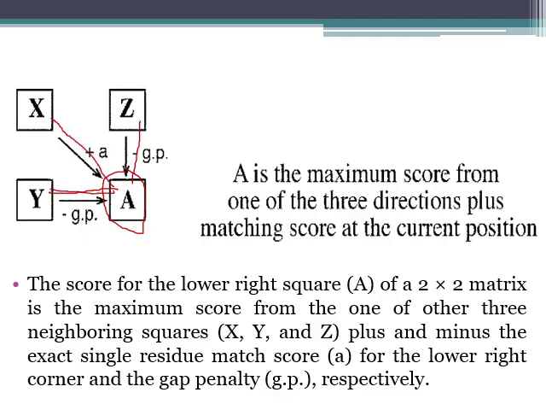That is X, Y, and Z. What you have to do is add the maximum score from this X, Y, or Z direction into the score of A, and then you write the score of A. So the score of the lower right square A of a 2 by 2 matrix is the maximum score from one of the other three neighboring squares plus and minus the exact single residue match score for A for the lower right corner and the gap penalty, that is GP, respectively.